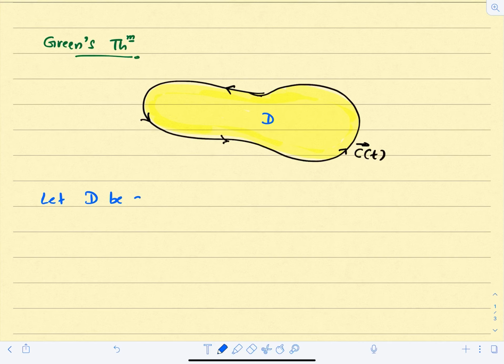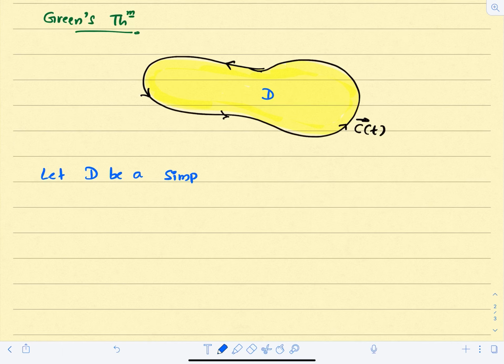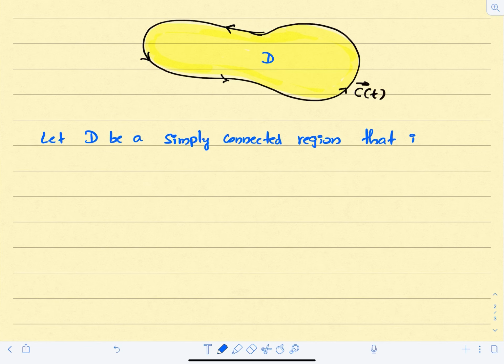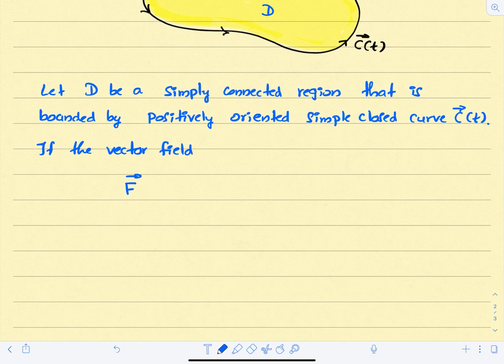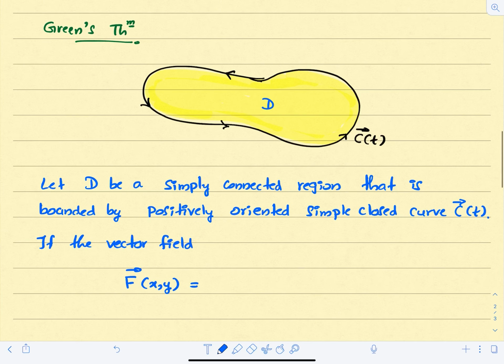Let D be a simply connected region, so we have a very nice region that is bounded by a positively oriented simple closed curve C. Let's say we have a two-dimensional vector field F. By the way, we have a region in a plane.